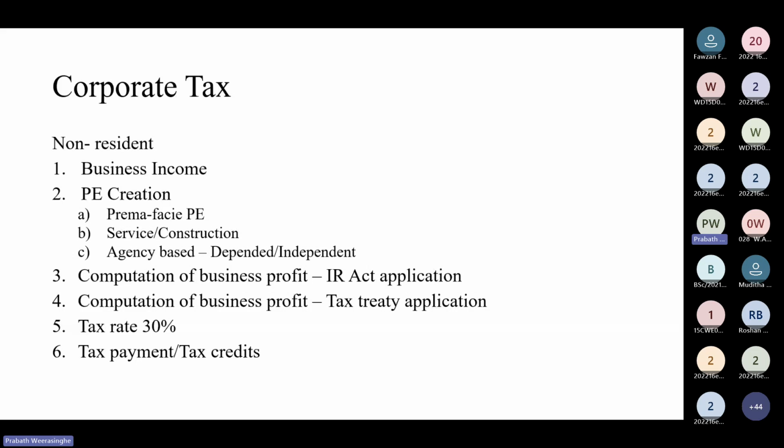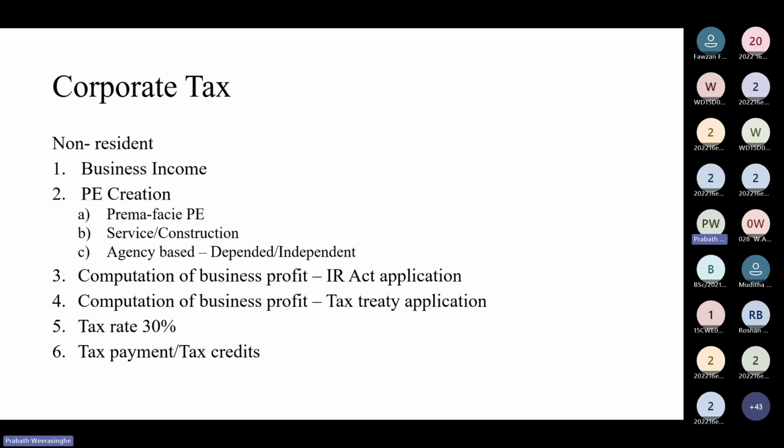In the double tax evidence agreement, it's defined what a PE, permanent establishment, is. So Article 5, in the examination context, will be provided to you. You have to check, as per the article, whether it is a permanent establishment or not.